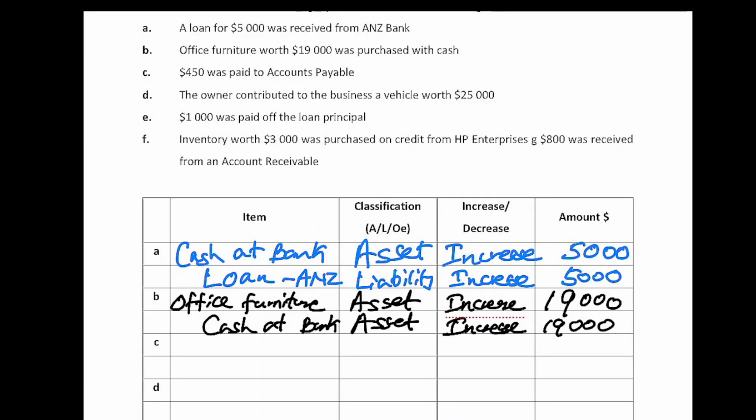Cash at bank, what will happen? Decrease. Does that make sense? So how do we pay? In cash, cash at bank. So we have to pay some money to accounts payable. Once we paid it, our debt decreases, and our cash also decreases.